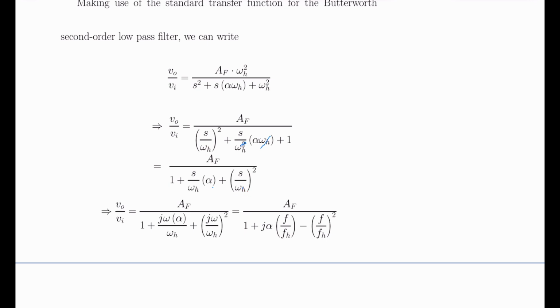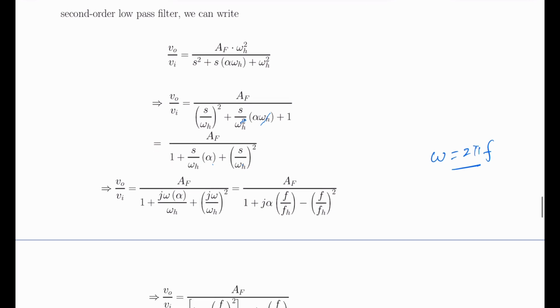So we have finally Vo upon Vi is AF upon 1 plus, we have S equal to j omega, so this is j omega alpha upon omega h plus (j omega by omega h) whole square. So this is equal to AF upon 1 plus j alpha F upon Fh minus (F upon Fh) whole square, because we have omega is equal to 2 pi f.